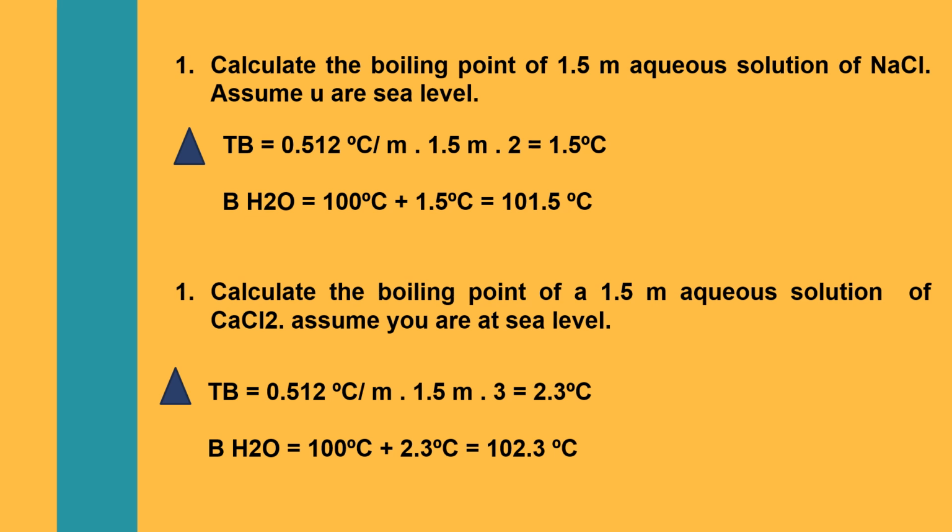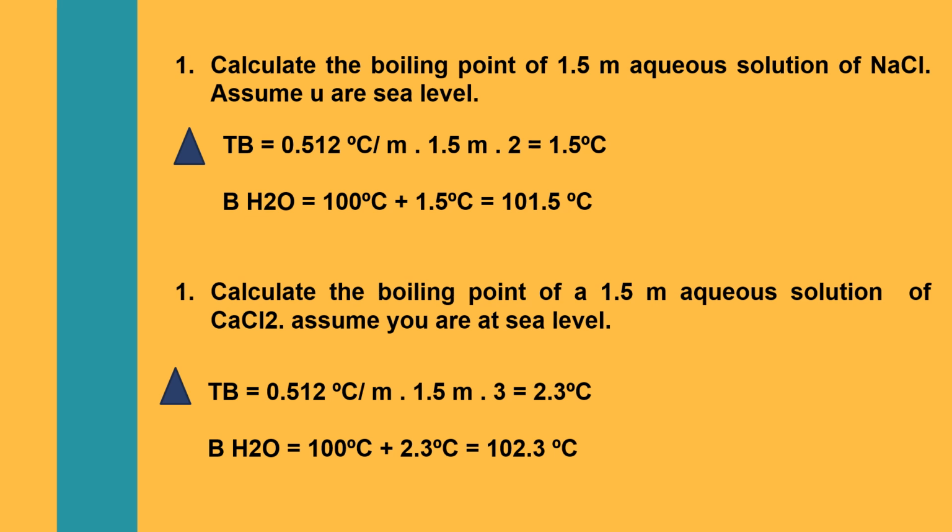So what will the boiling point be of a 1.5 molal aqueous solution of sodium chloride, assuming we are at sea level? The salt water solution is going to boil at 101.5, so the boiling point has been changed by 1.5 degrees Celsius.